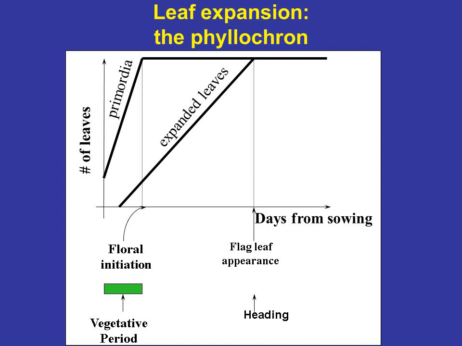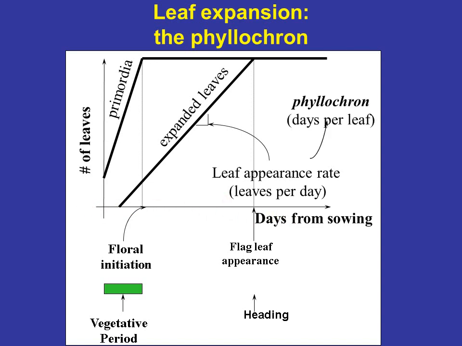As for leaf primordia, the whole process from the first to the flag leaf is described by the rate of leaf appearance and has units of number of leaves per day. Its inverse is known as the phyllochron and has units of days per leaf.